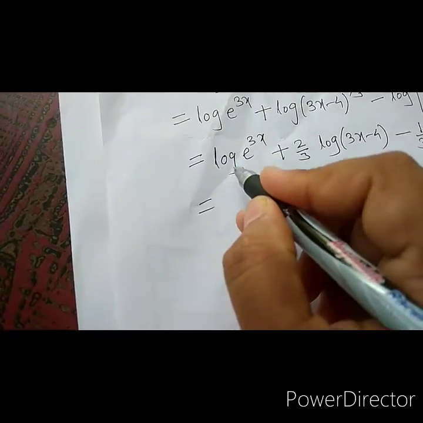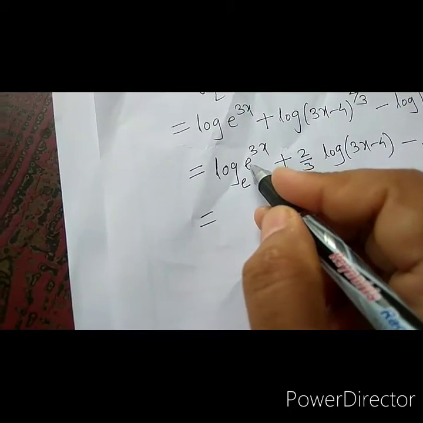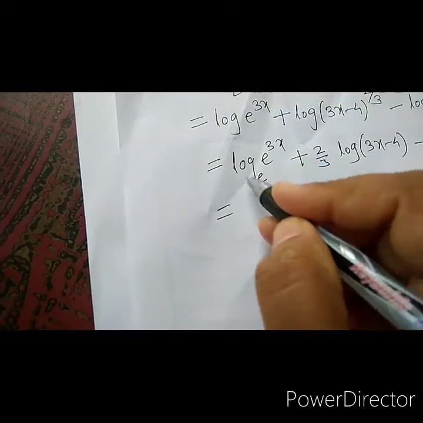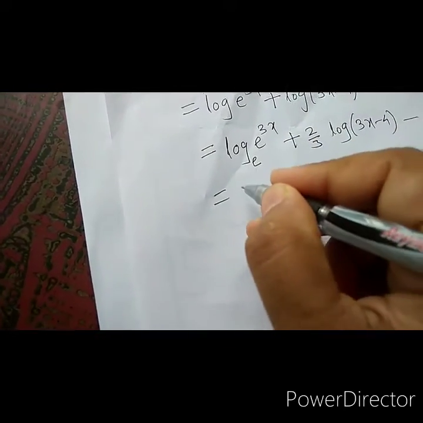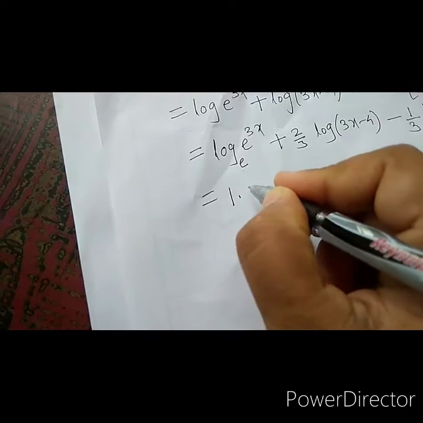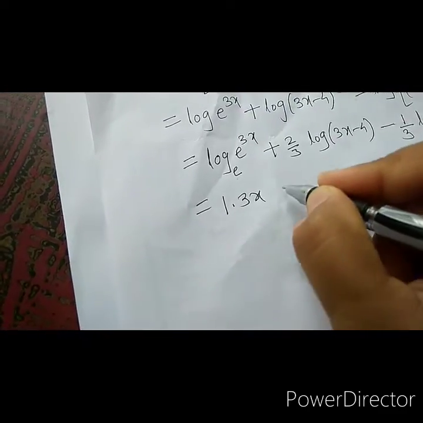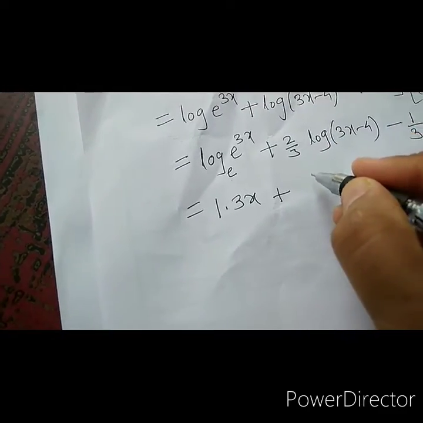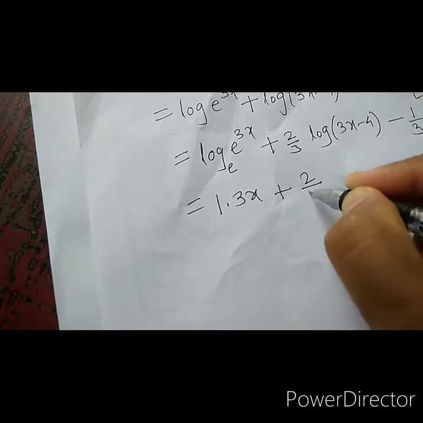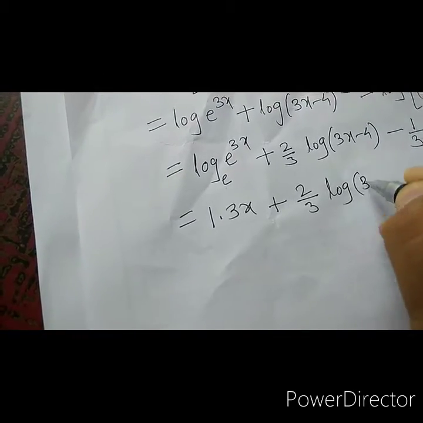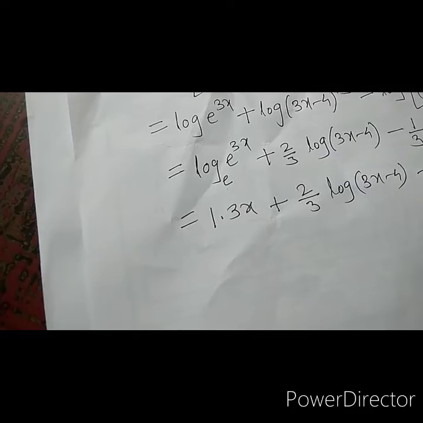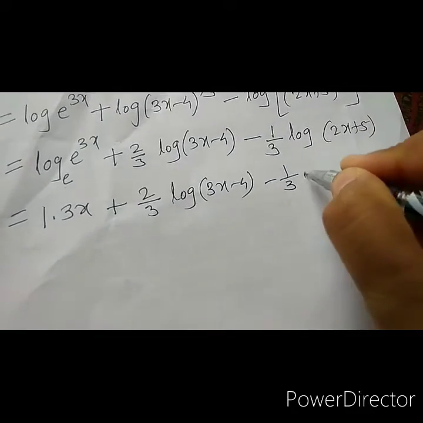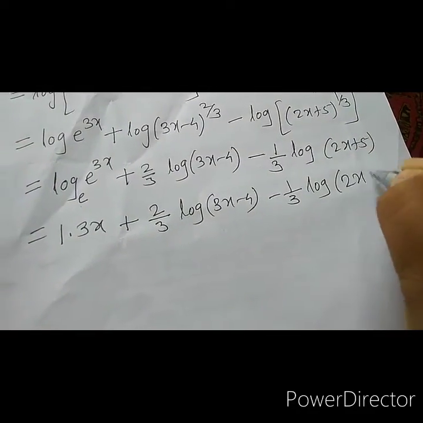Now here log e to the base e, it means that its answer is 1, into 3x plus 2 upon 3 log of (3x minus 4) minus 1 upon 3 log of (2x plus 5).